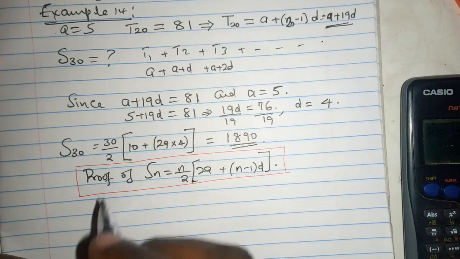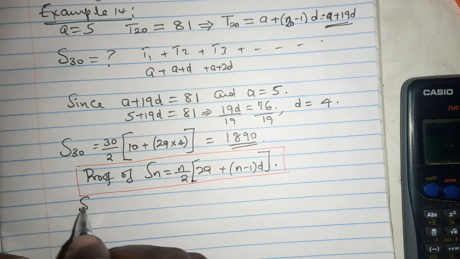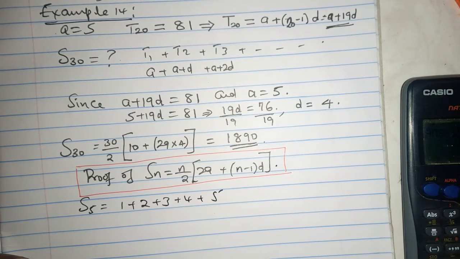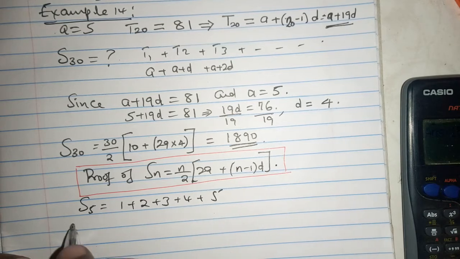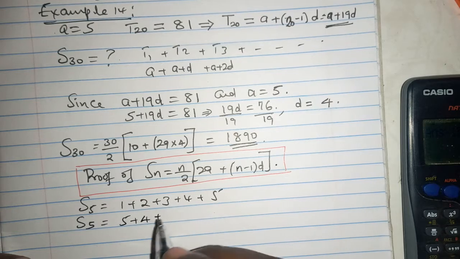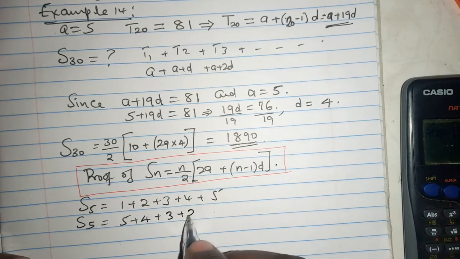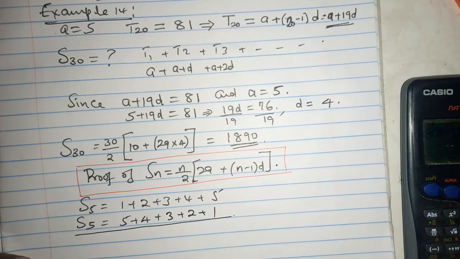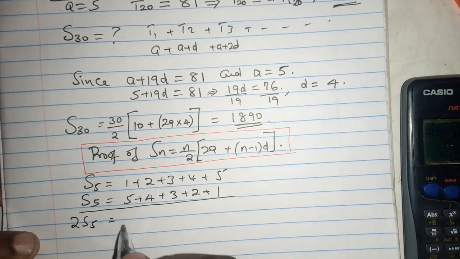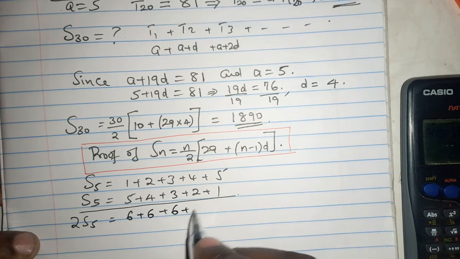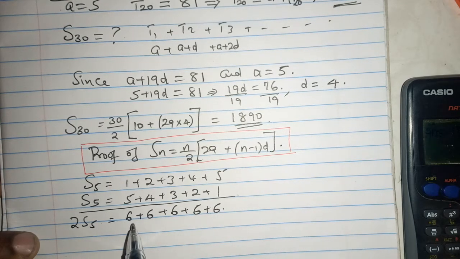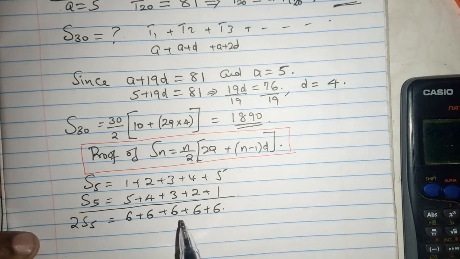the sum of the first 5 natural numbers, S5, will be 1 plus 2 plus 3 plus 4 plus 5. We can also start from the last one: 5 plus 4 plus 3 plus 2 plus 1. You can see we have double the sum of the first 5 terms, which is 6 plus 6 plus 6 plus 6 plus 6. In other words, we get a common sum, 6, n times, and here n is 5.